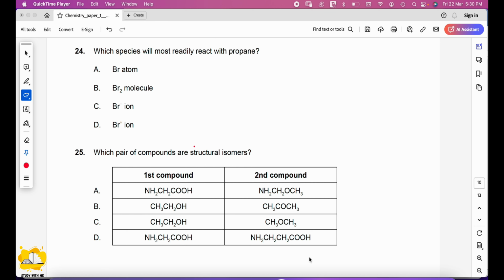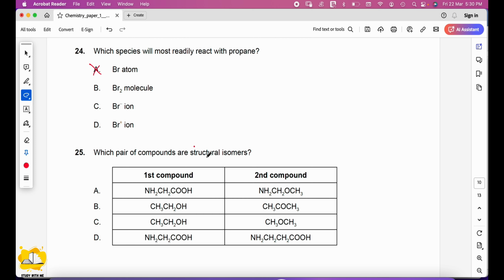We are left with Br2 molecule and Br atom. They are both capable, but if we compare with the Br atom, it is a single atom and highly reactive due to the presence of an unpaired electron. So A is more suitable compared to B.